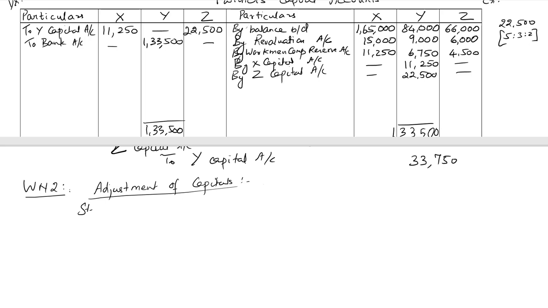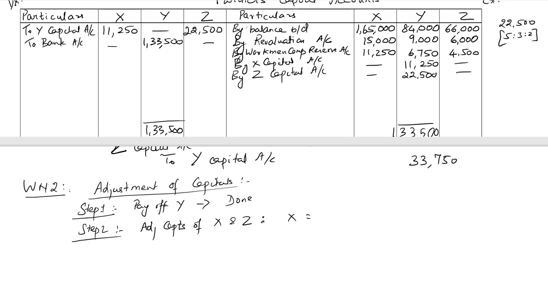Step 1, we need to pay off the retiring partner. This has been done. Step 2 is to calculate the adjusted capitals of continuing partners X and Z.